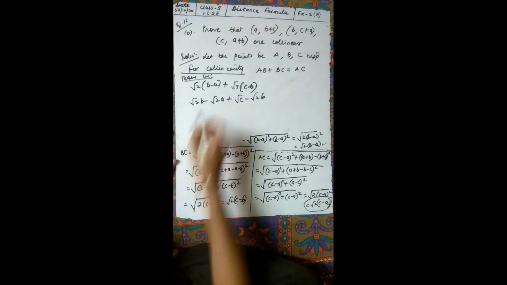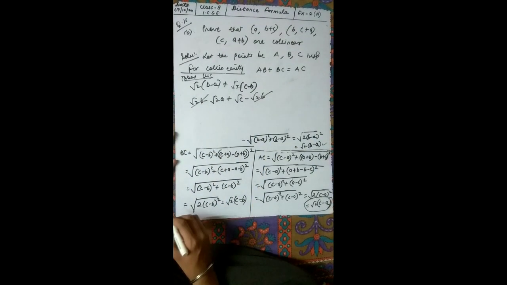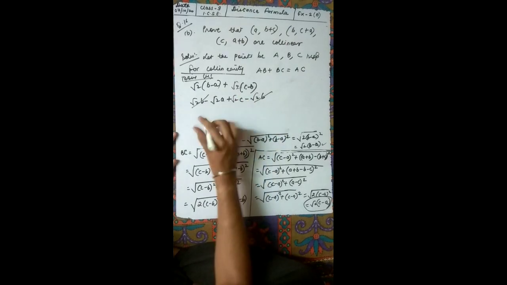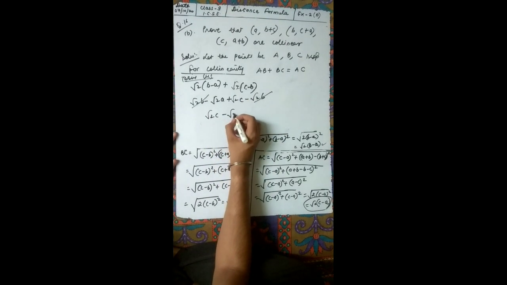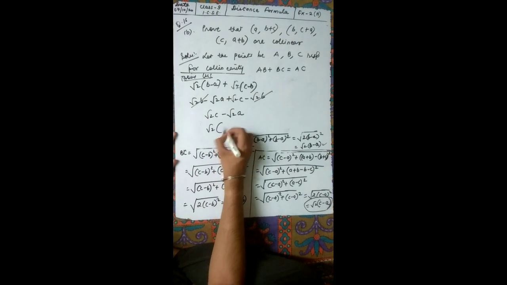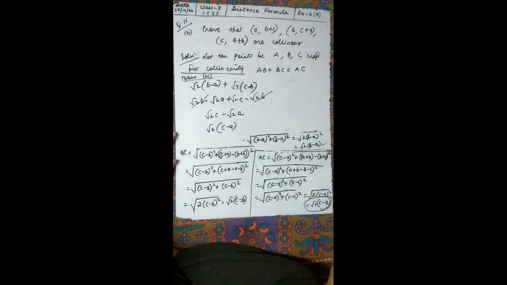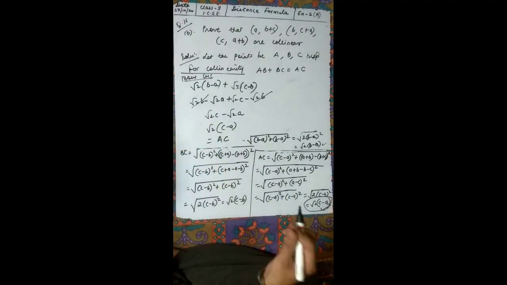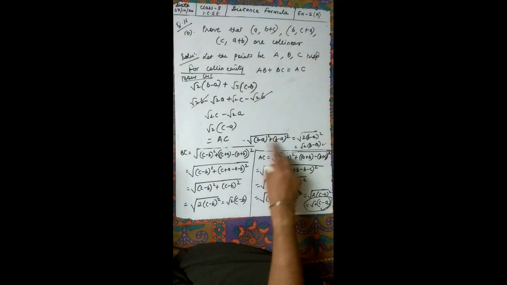As you can see, root 2b with this root 2b will be cancelled. We are left with root 2c minus root 2a. Now take root 2 common, c minus a, which is AC. So hence now it is proved. You just need to keep a check here.